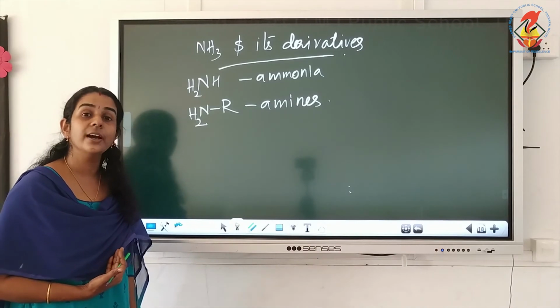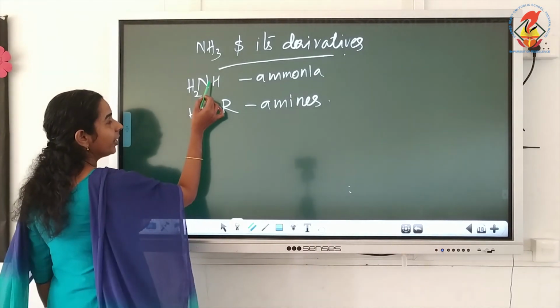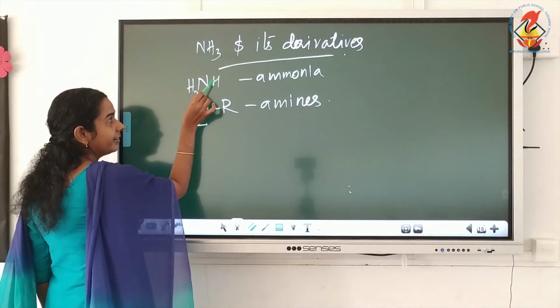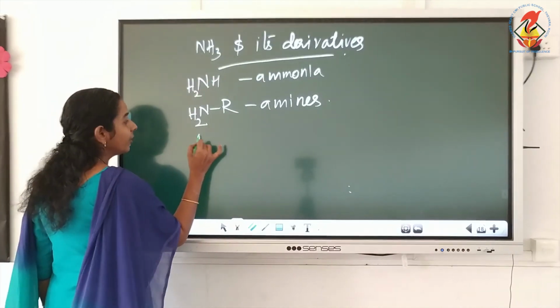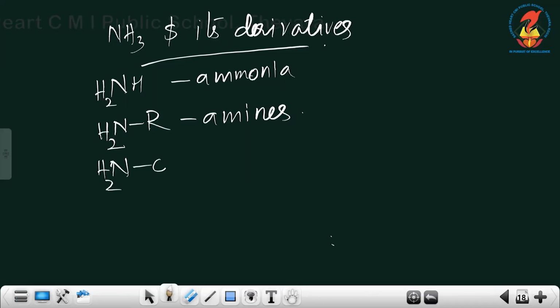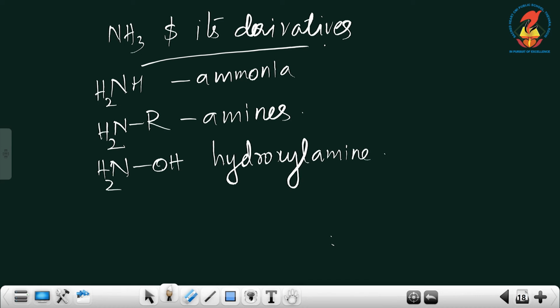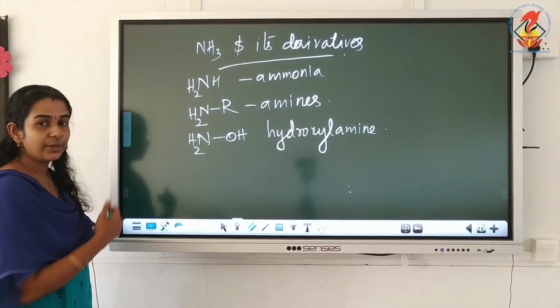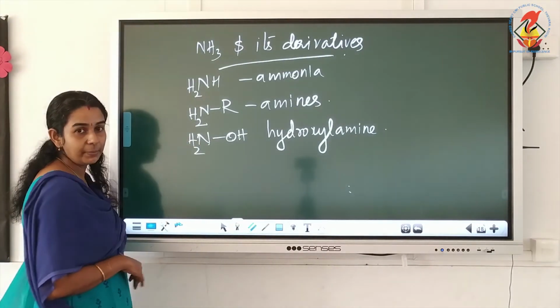Amines have the general formula NH2R. Now, if I am replacing one hydrogen from here by an OH group, how will it be? NH2OH. It has a hydroxy group and an amino group, so it is hydroxylamine.